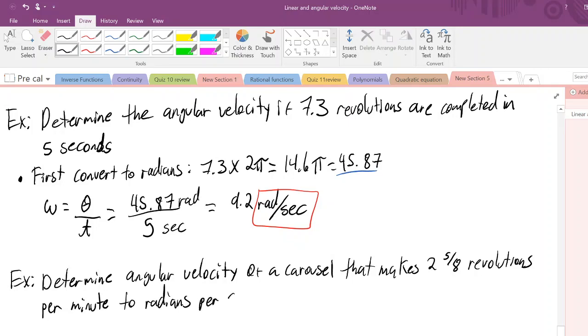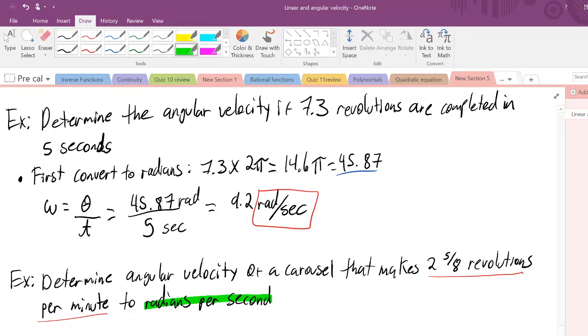See, this is what I mean. This is where your box of your converting chart is really helpful. So pay close attention. You have 2 5/8 per minute, and they want to convert to radians per second.